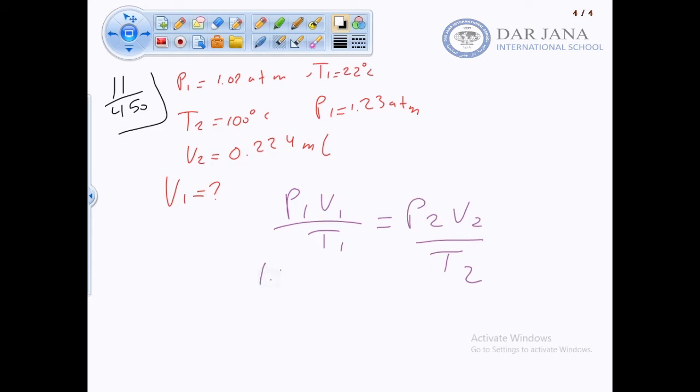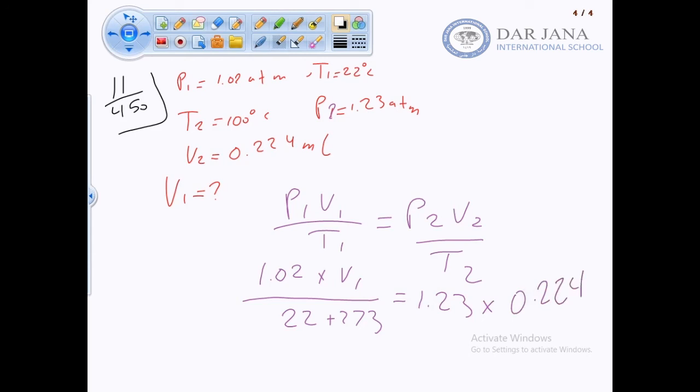P1 is 1.02, V1 is the unknown, T1 is 22 plus 273, P2 is 1.23, V2 is also given, 0.224, T2 is 100 degrees, and we need to convert it.